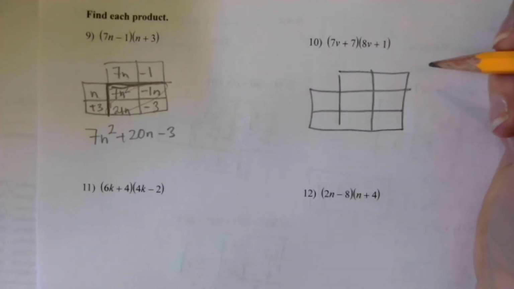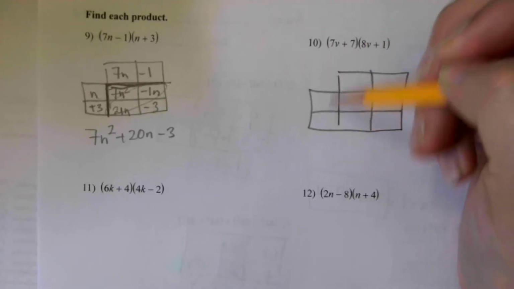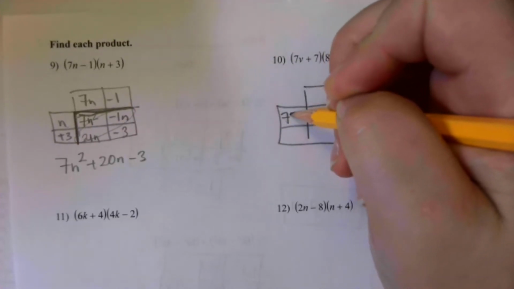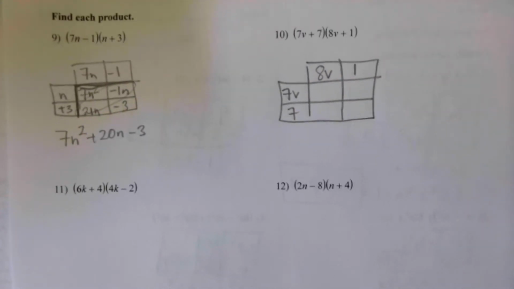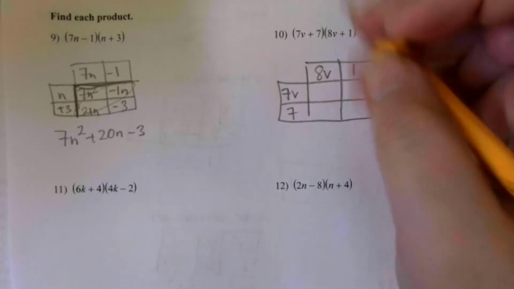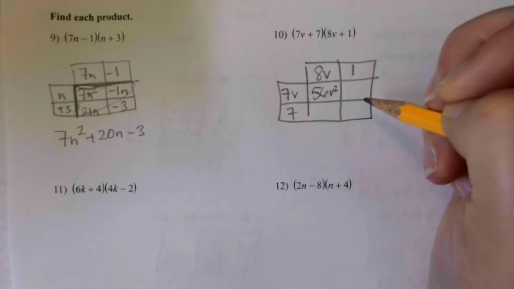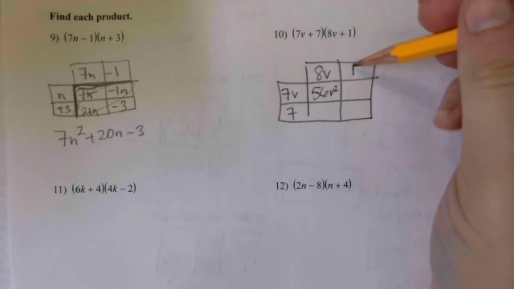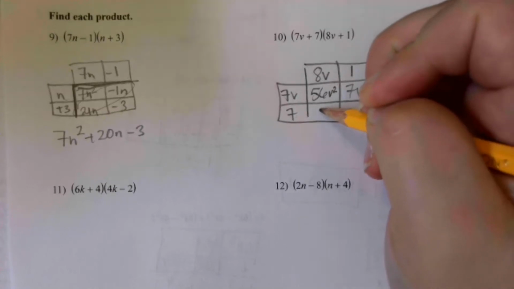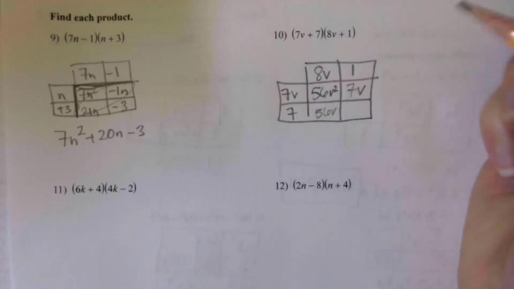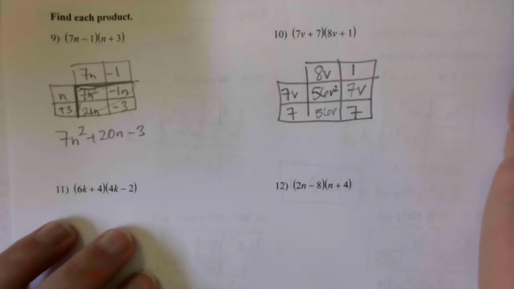I'm going to flip it. It doesn't matter if this group goes on the top or the side. I'm going to put it on the side this time. And I'm going to put this group on the top. 7v times 8v, 56v squared. 7v times 1, 7v. 7 times 8v, 56v. 7 times 1, 7.